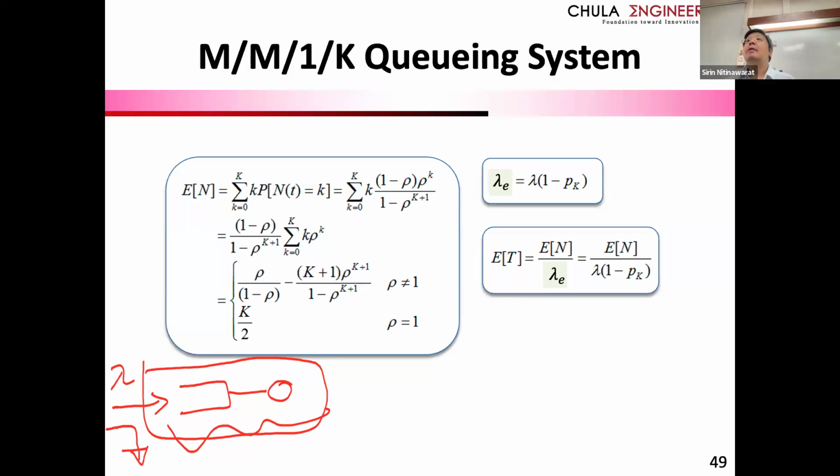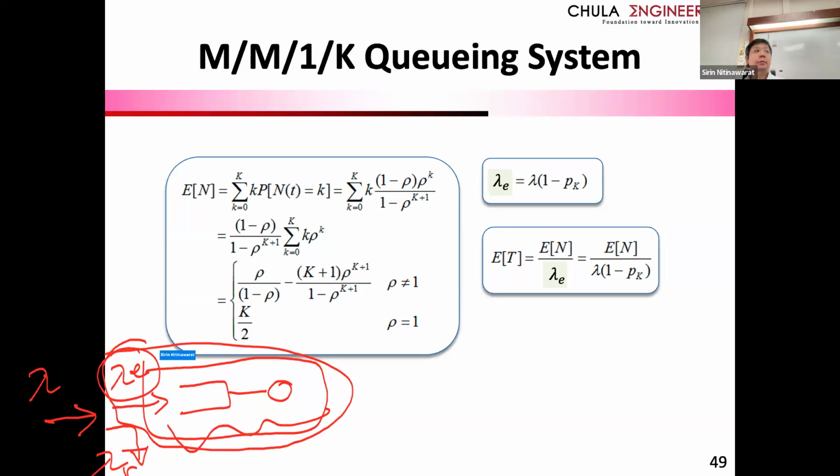So when customers can be rejected, the incoming rate lambda is split into the one that is accepted and the one that is rejected. When we want to compute the average number of customers in the system in terms of the average time each accepted customer spends in the system, we need to discount the incoming rate accordingly. And what do you think this effective rate is?